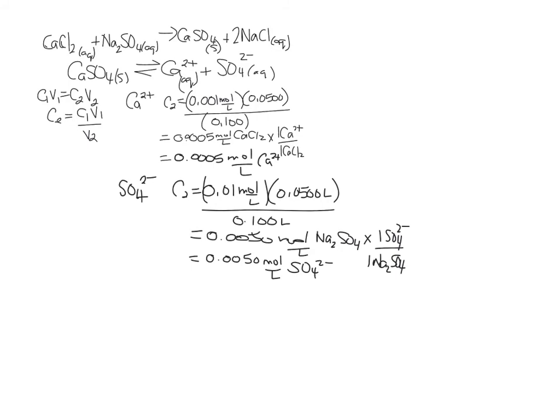Okay, so now, what would be Q? Q is a trial KSP. So Q is going to be equal to the concentration of calcium ions times the concentration of sulfate ions. You're not actually going to need very much room here now. So 0.0005 times 0.005.